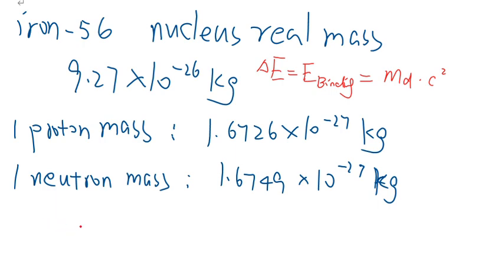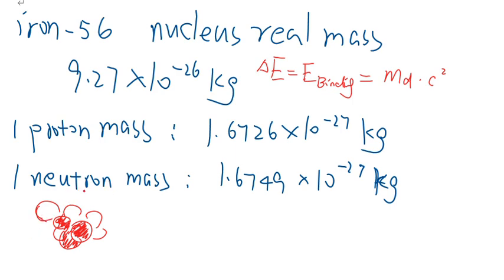What I'm doing is something like this. Let's say that this is a proton and this is a neutron. For protons we use the red balls, and for neutrons we use the white balls here. So let's say that this is an iron nucleus.